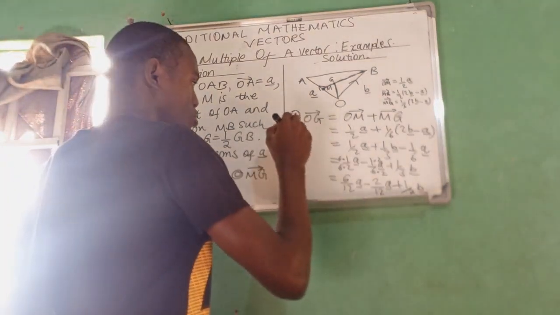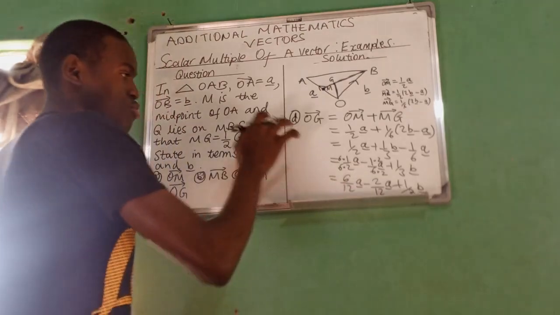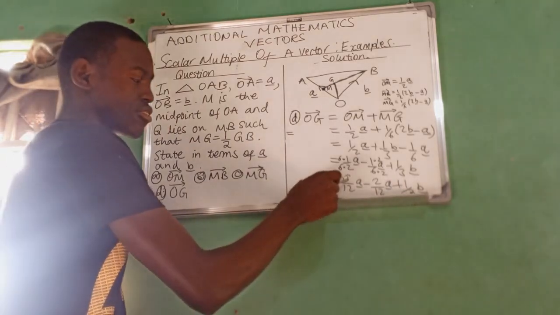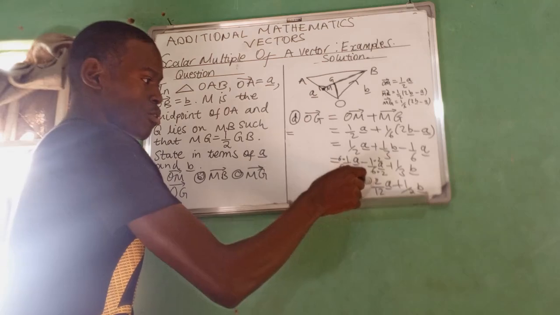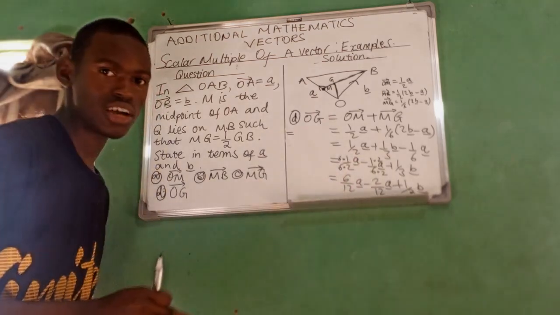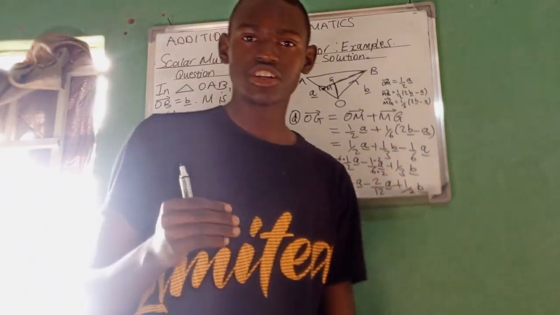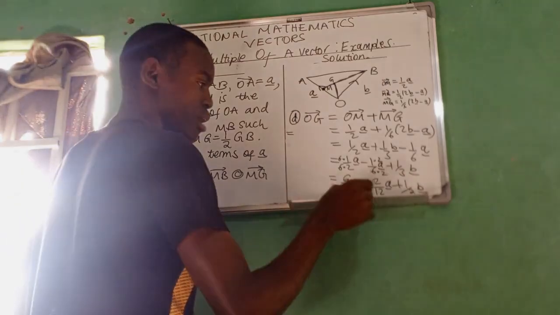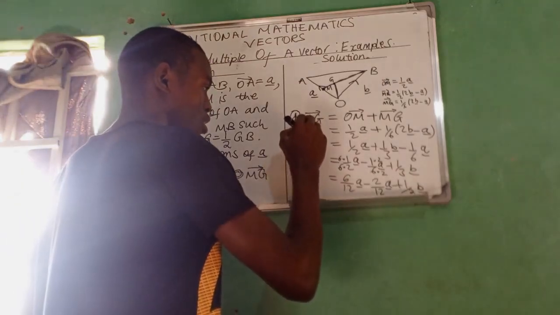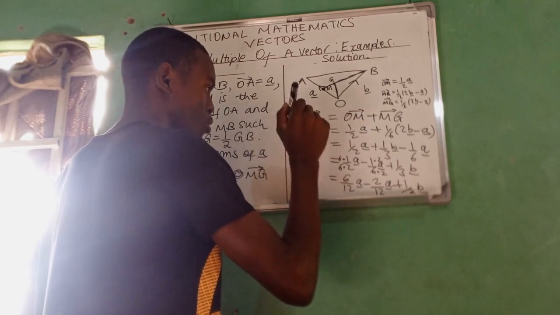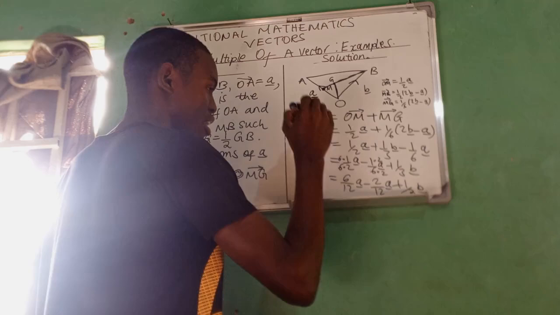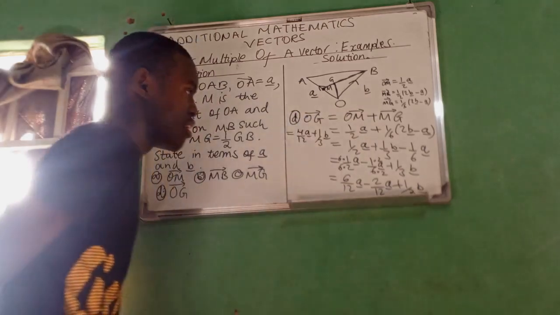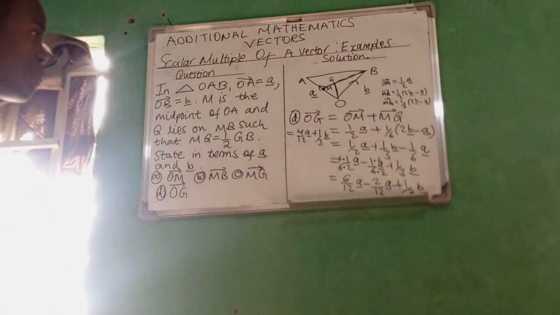Since they have the same denominators, it's 6A over 12, 2A over 12. When you have the same denominator for fractions, you just subtract the numerators. So it will just be 6 minus 2, which is 4 over 12 of vector A, plus a third of vector B.